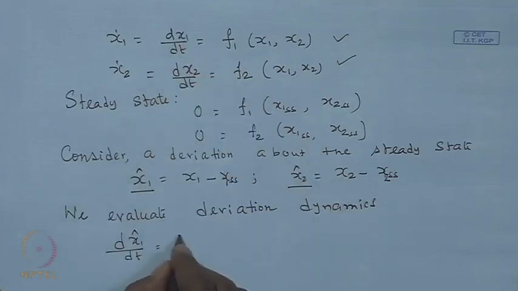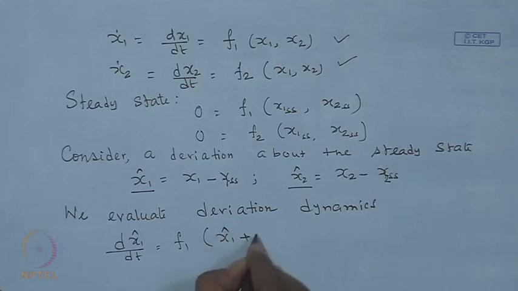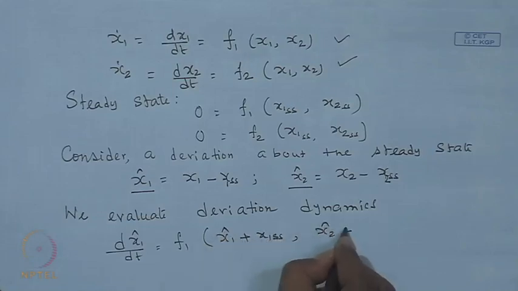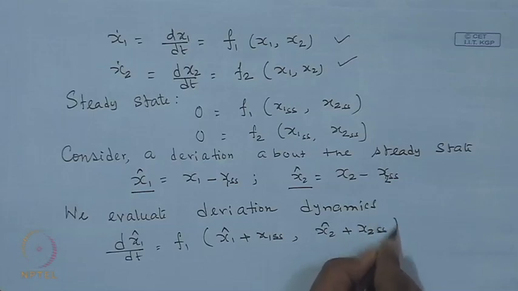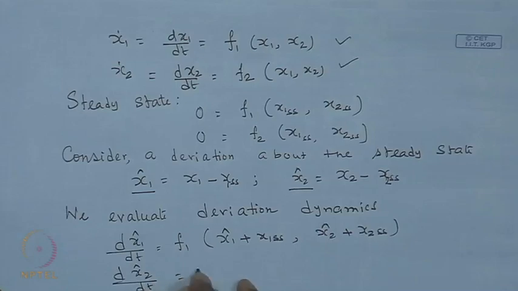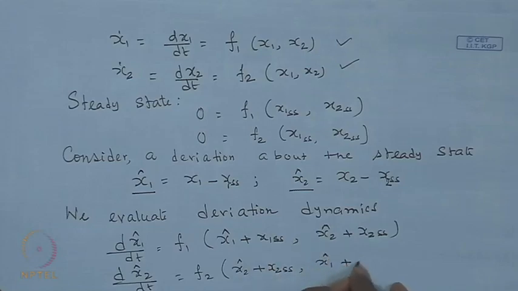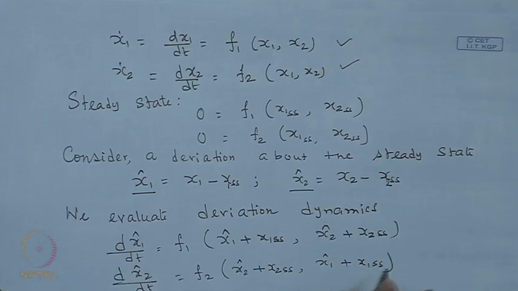So, this will be nothing but function f1 of x1 hat plus x1 ss and x2 hat plus x2 ss, and similarly we have dx2 hat dt is equal to f2 of x2 hat plus x2 ss and x1 hat plus x1 ss.